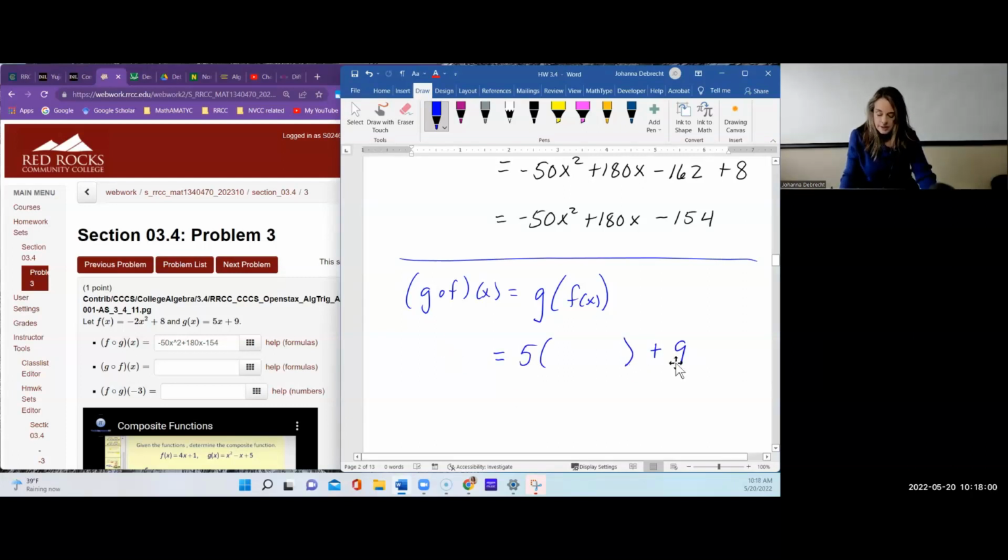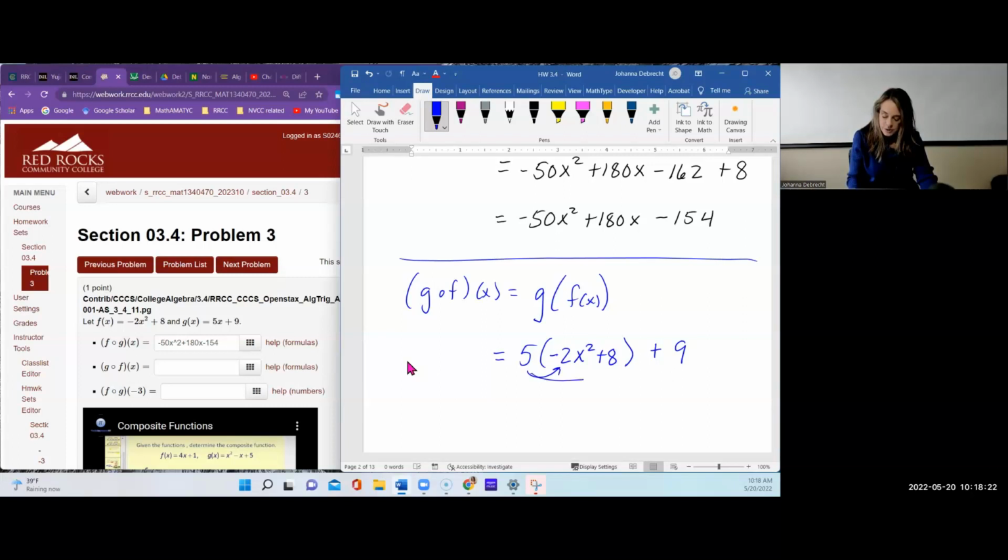Then we have the plus 9. This is for 5x plus 9. We replace the empty set of parentheses with f of x, which is -2x squared plus 8, as you can still see over here on the problem statement. Once we have it written like this, we can go ahead and multiply this out.